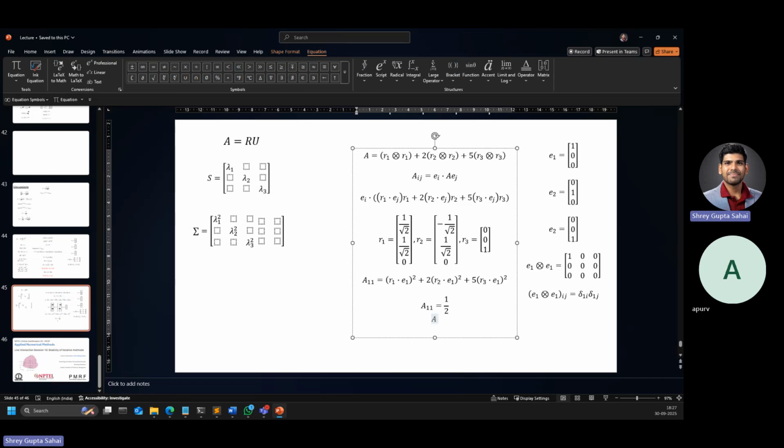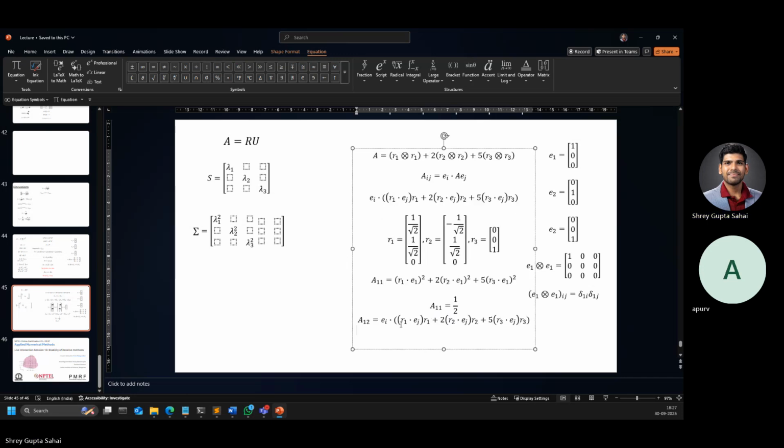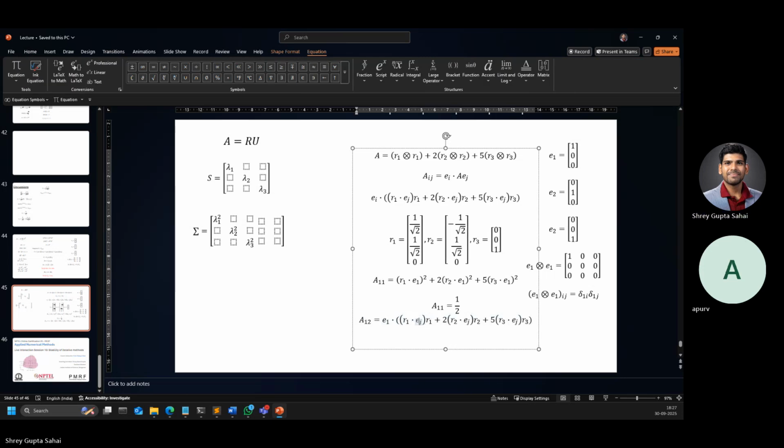What is A21 or A12? So A12, you will see, A12 is what? E1 dot R1 E2, R2 E2, and R3 E3.